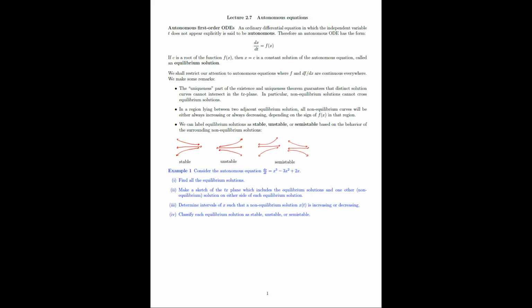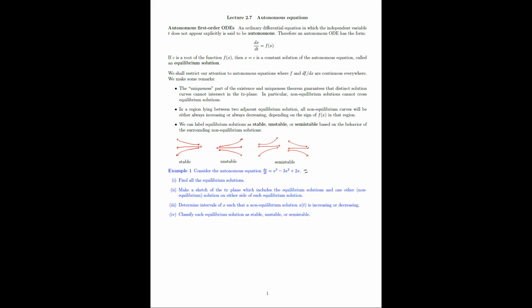So the first thing we want to do is to find our equilibrium solutions. To do that, we can factor dx/dt, or f of x up here, and find out for what values of x make this thing 0. Find all of our roots of this equation.